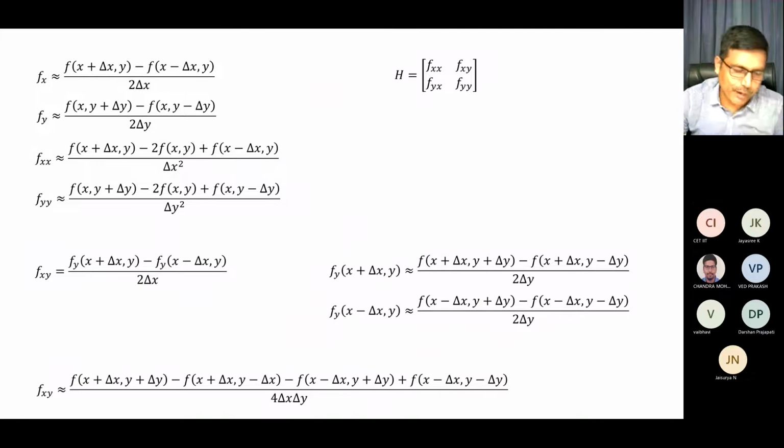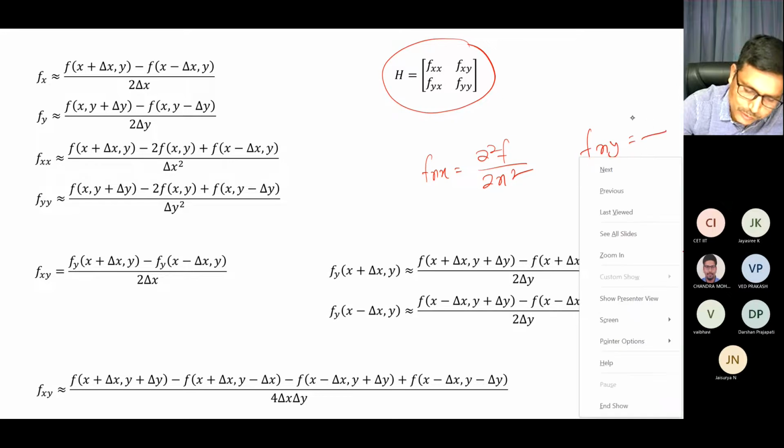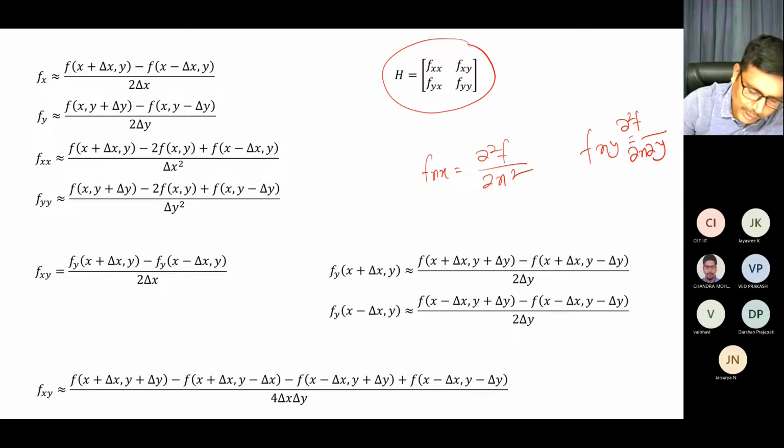Now let us see the multivariable function. This is the Hessian matrix, and I need to calculate fxx. So fxx is nothing but del square f by del x square, and this is fxy, which is equal to del square f by del x del y, and fyy, which is equal to del square f by del y square.